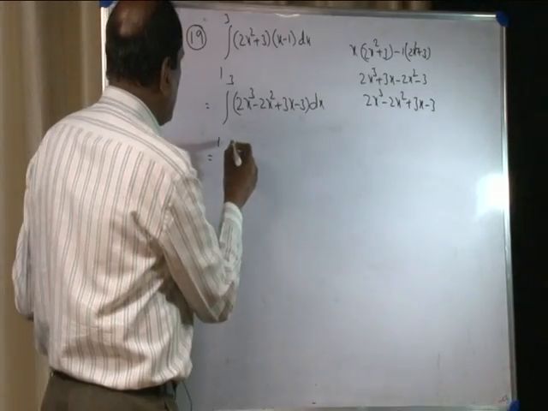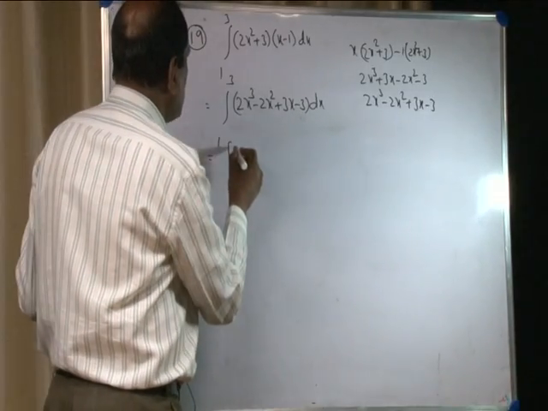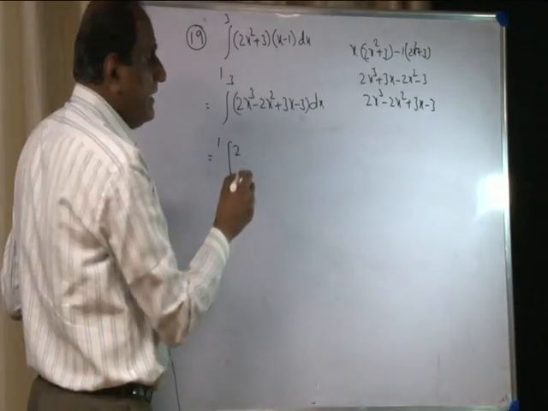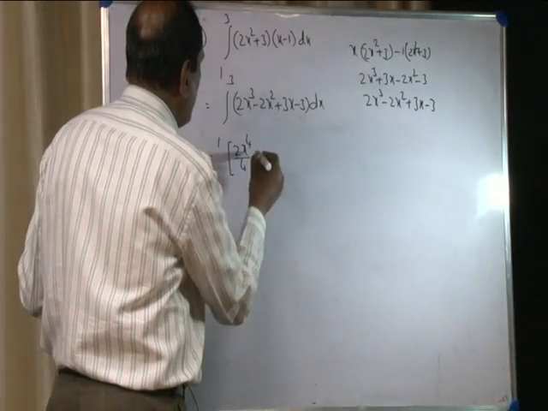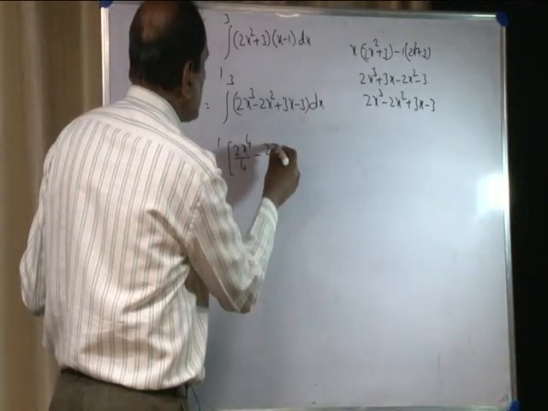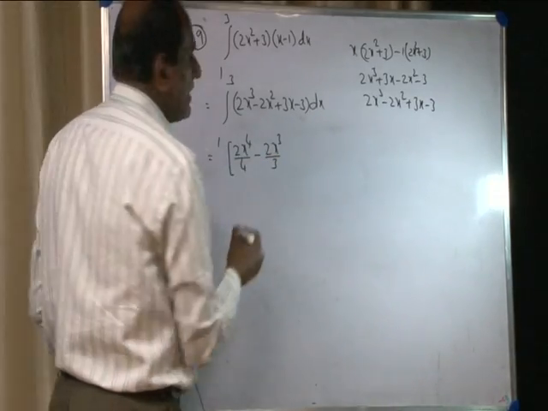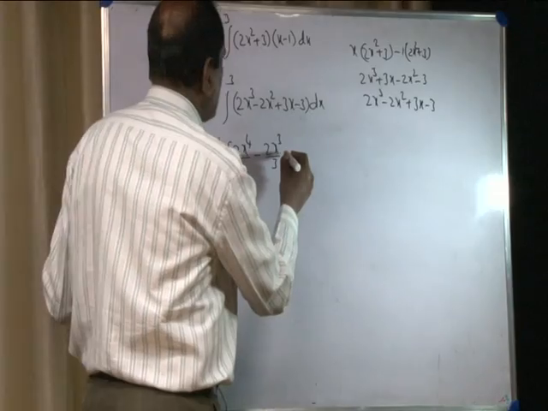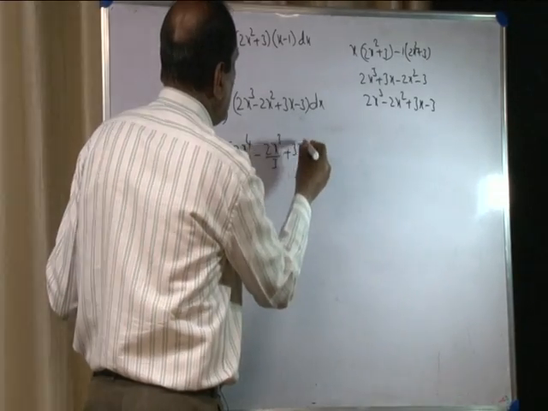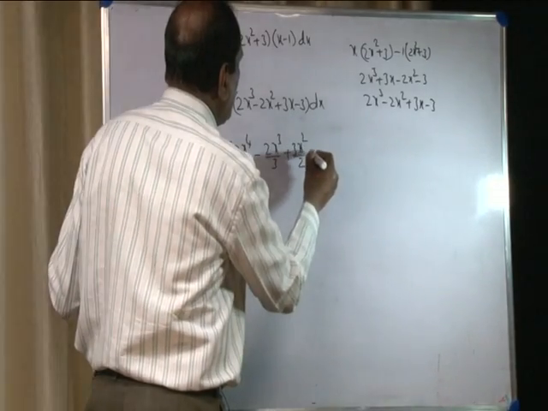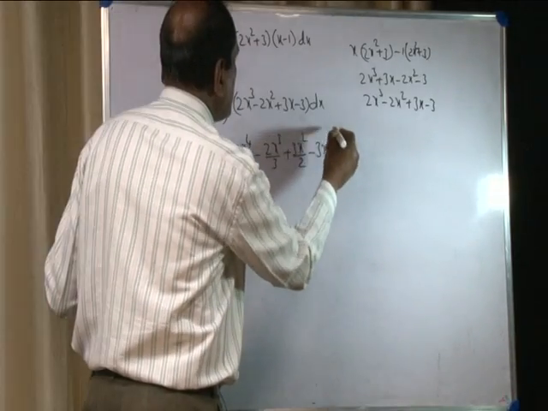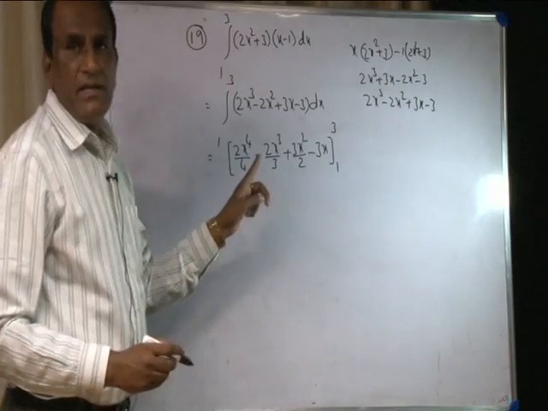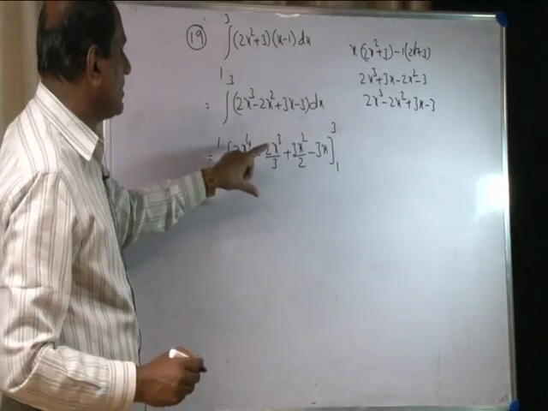Now the integration part: 2 is a constant, x power 3 integration is x power 4 by 4, minus 2 into x square integration is x cube by 3, plus 3 into x integration is x square by 2, minus 3 integration is 3x, between the limits 1 and 3. So the integration process is over.